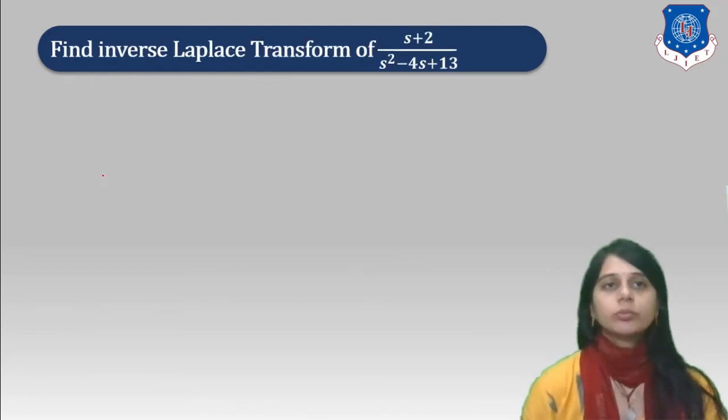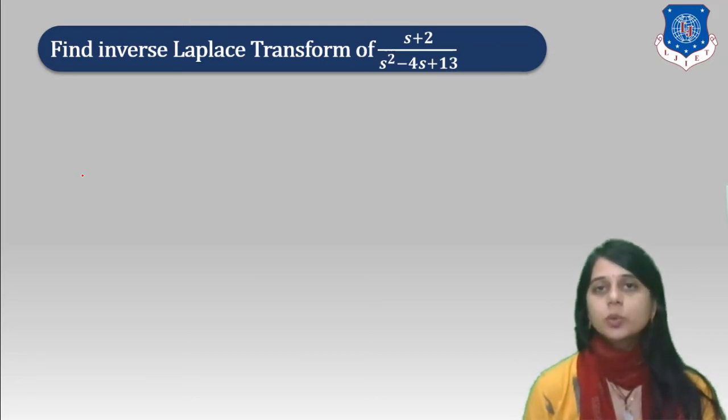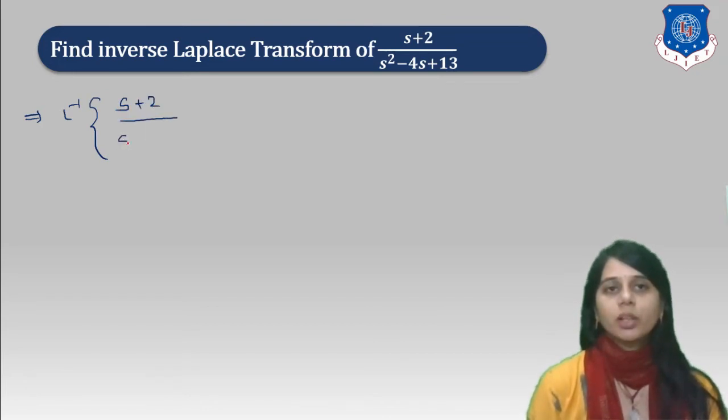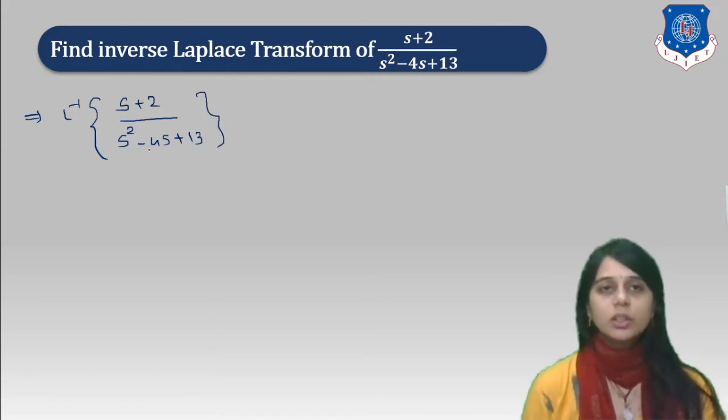One example, find inverse Laplace transform of s plus 2 upon s square minus 4s plus 13. So, first of all, s plus 2 upon s square minus 4s plus 13. Okay. Now, see in denominator, there is no formation where we can apply any type of the formula of the Laplace transform.